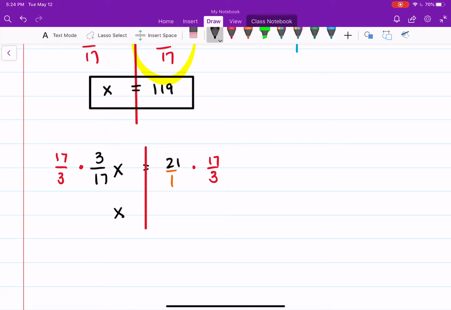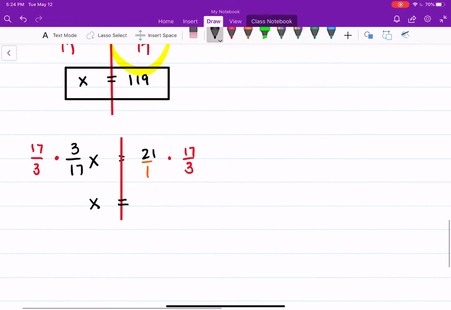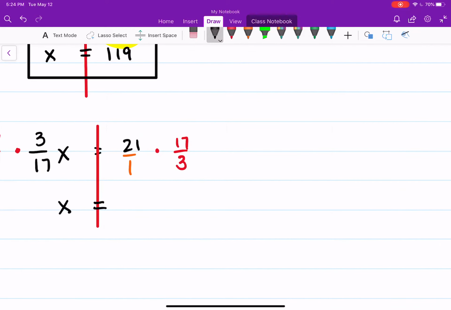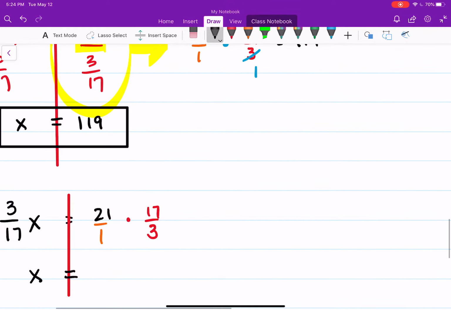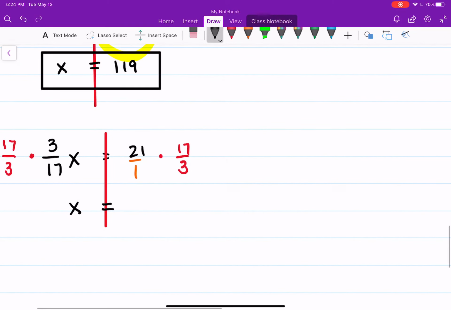This side is just going to be x because what's going to happen here is 17 goes into 17 once and once, 3 goes into 3 once and once, right? So this side is going to equal to x is equal to, look at this. Doesn't that look familiar? Looks just like this, doesn't it? Okay? So that's going to give you the 119.